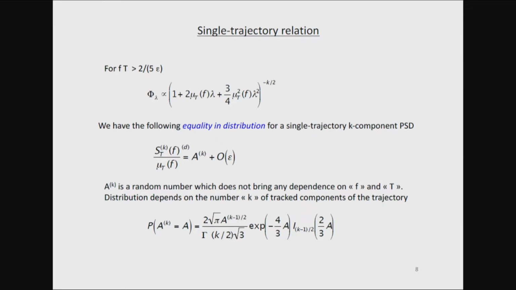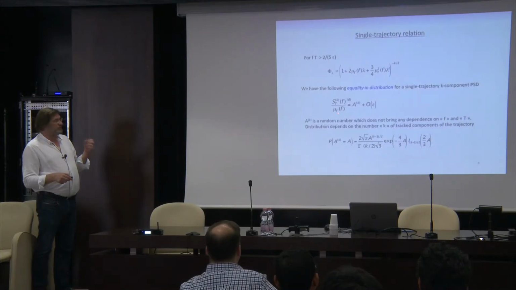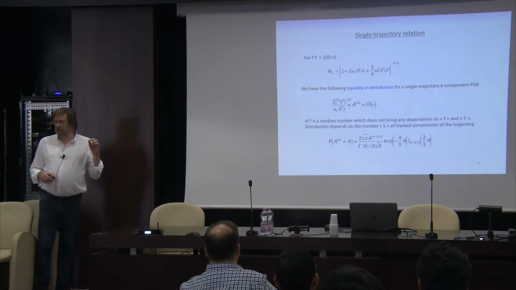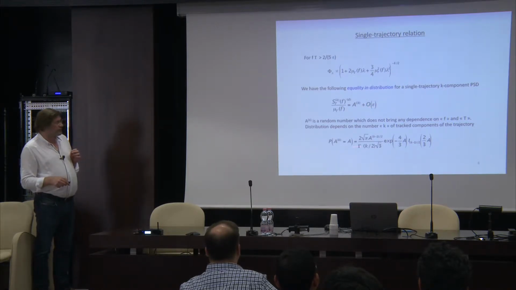In this case, of course, we may use this fact to represent our distribution in such a form that the single trajectory power spectral density for k components divided by the first moment is equal in distribution to a certain parameter a, which is just a real number. Its distribution is given here.